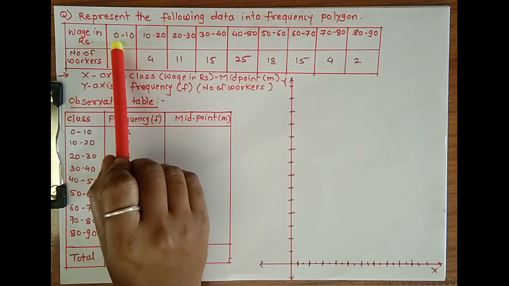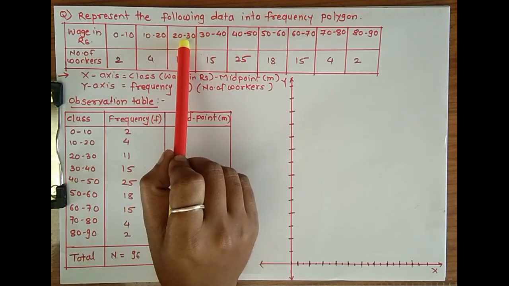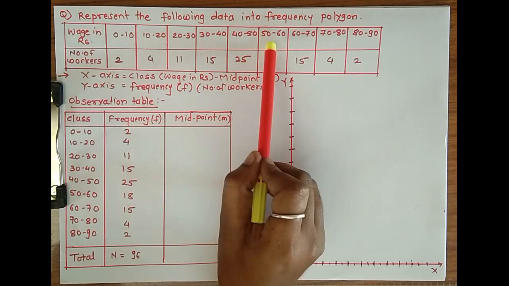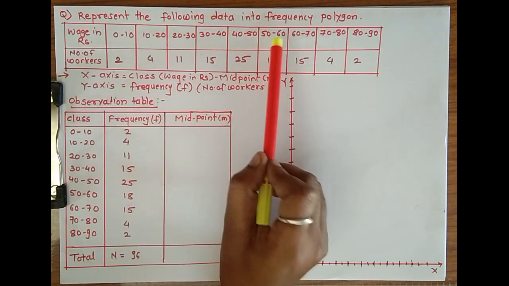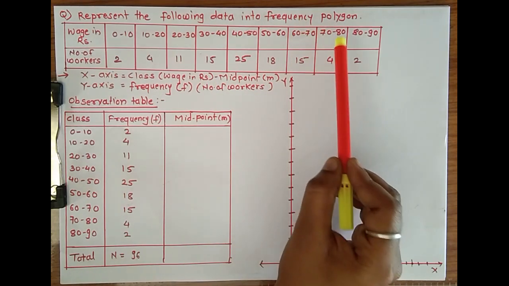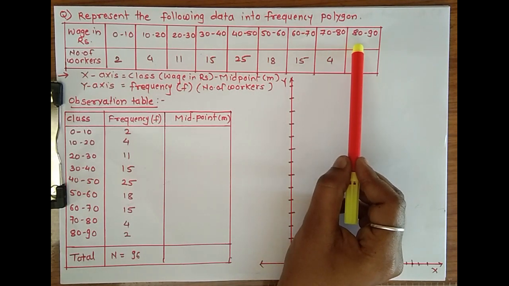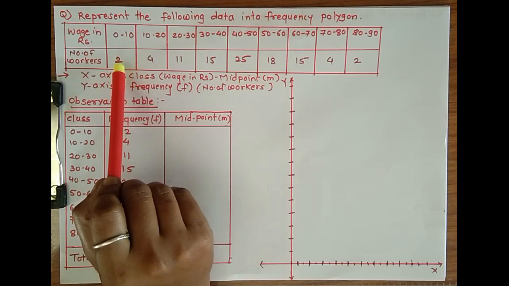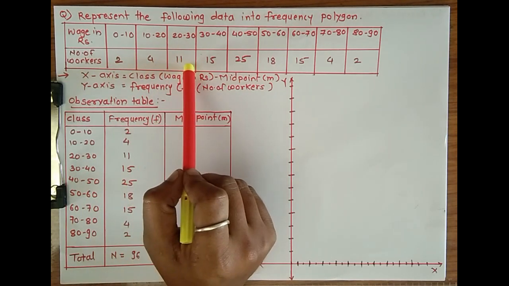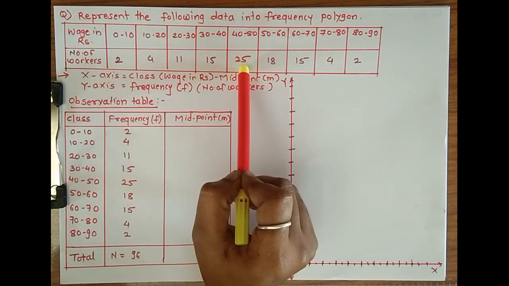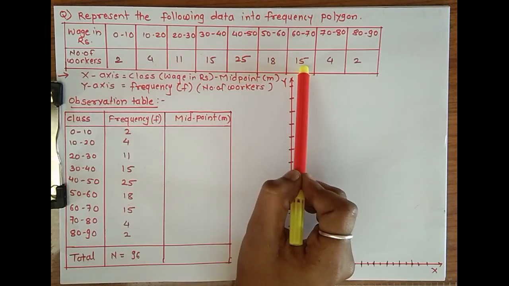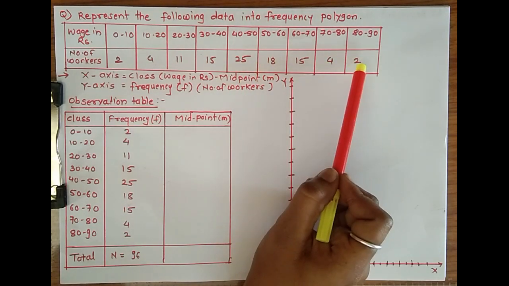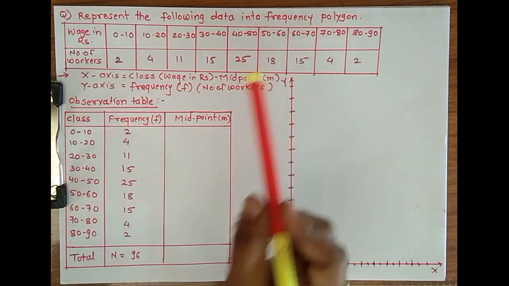The classes given are 0 to 10, 10 to 20, 20 to 30, 30 to 40, 40 to 50, 50 to 60, 60 to 70, 70 to 80, 80 to 90. The number of workers, that is frequencies, are 2, 4, 11, 15, 25, 18, 15, 4 and 2.